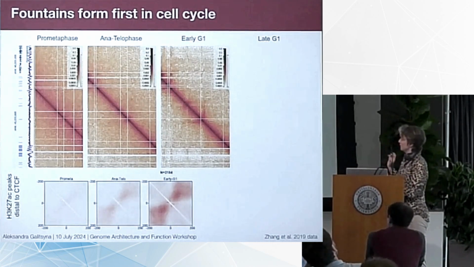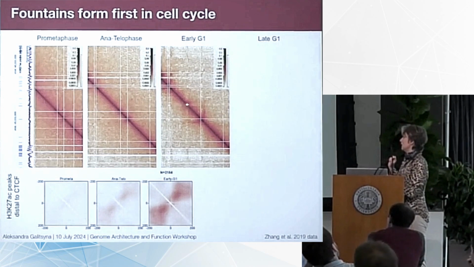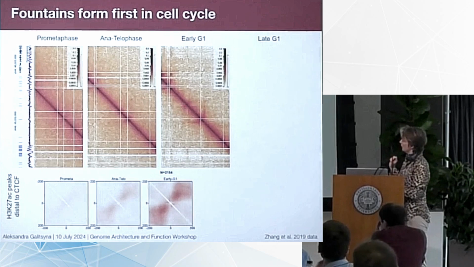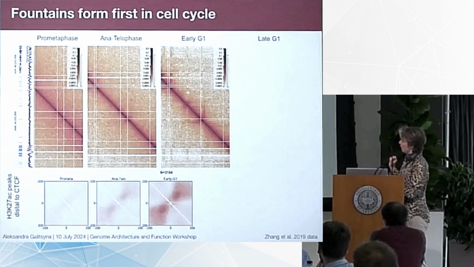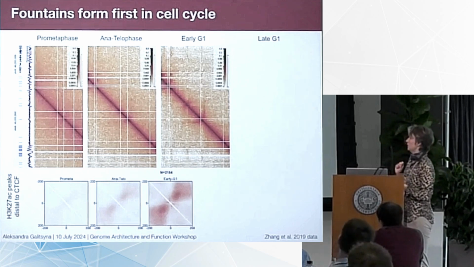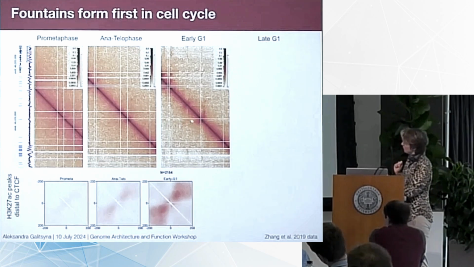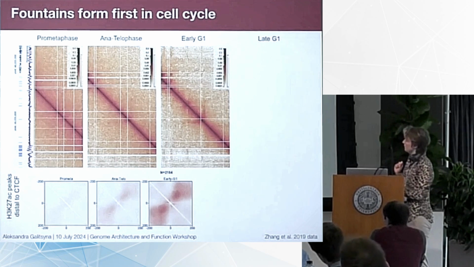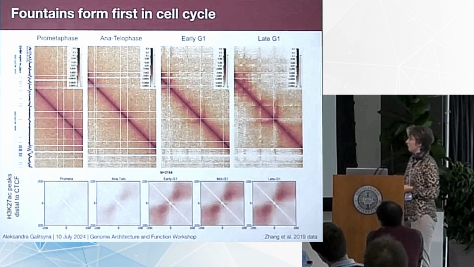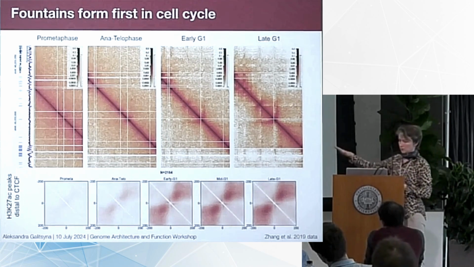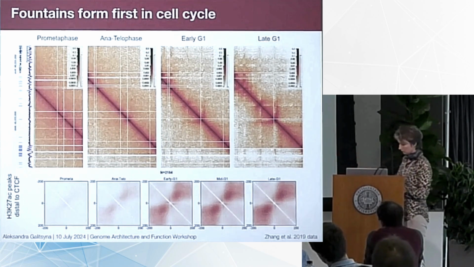So this is a characteristic signature of the fountain, where there is this halo of interactions which looks perpendicular to the main diagonal, plus this white depletion of the interactions to the side of this region. And there is another structure here, which is a little bit tilted to the side. You can see that it's forming this structure to the left. So it's kind of a fountain which is tilted to the left side. And yeah, they become even stronger in the progression into G1.